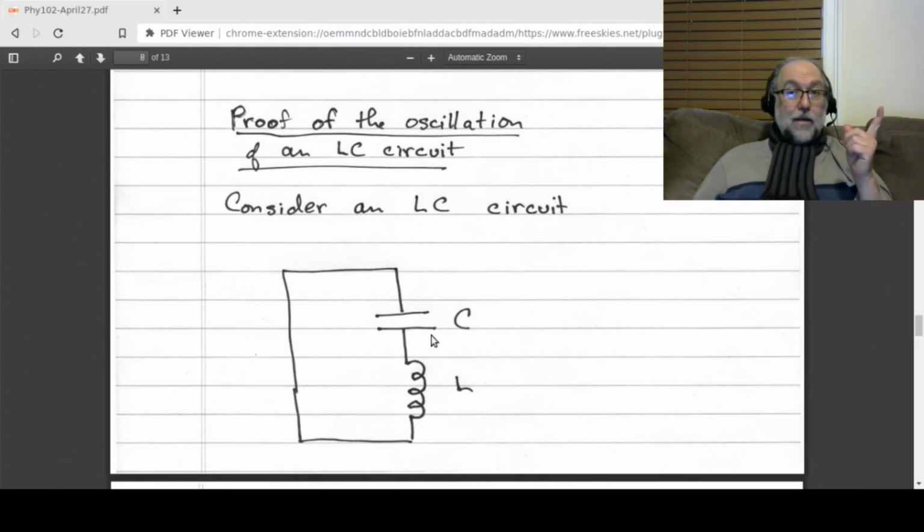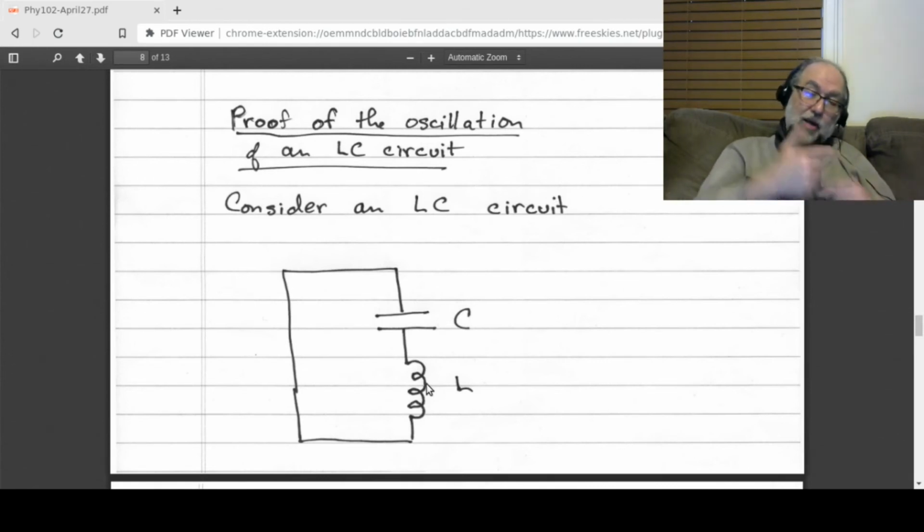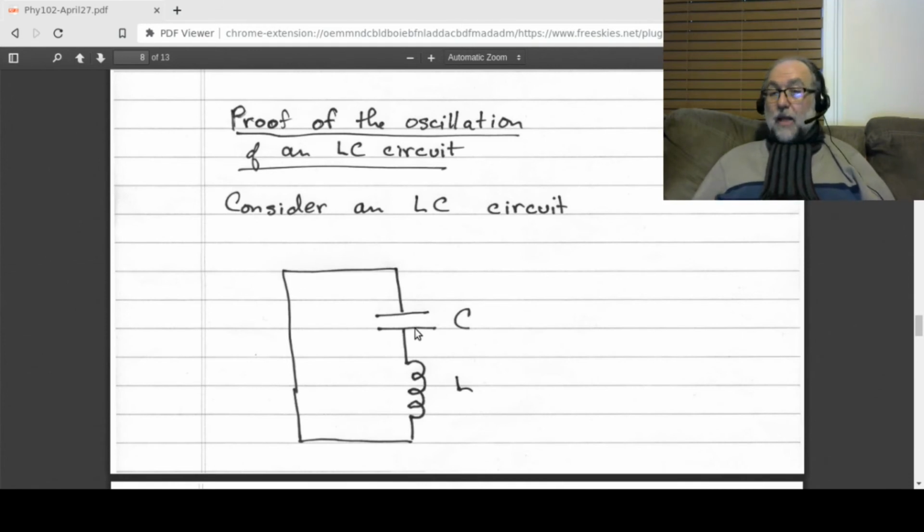But at that point, there will be a current through the inductor. And the inductor says, I'm going to keep this current going. So the capacitor doesn't just discharge and stop. The inductor keeps the current going, and then it makes the bottom plate positive, and the top plate negative. But at some point, the capacitor says, that's enough, and then the process reverses. The bottom plate is positive.